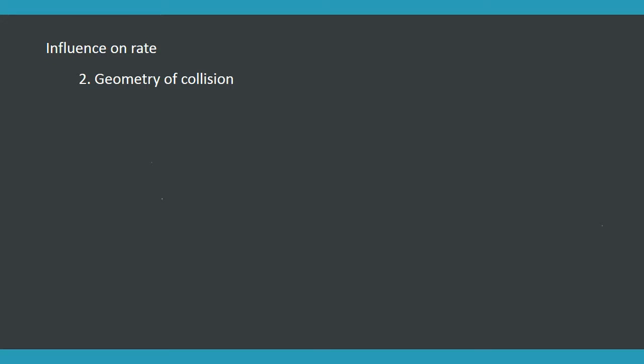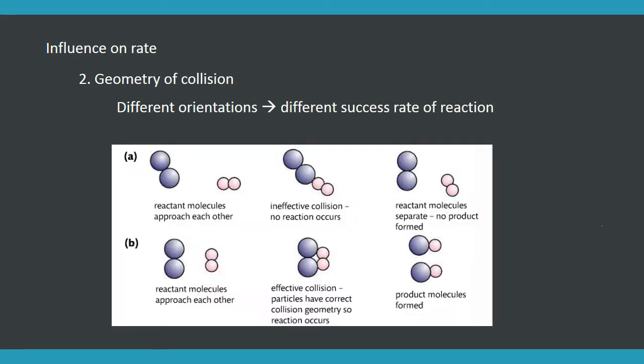Okay, sorry. Now looking at the geometry of a collision. Because gases are moving randomly, and all atoms are moving randomly except for in their solid state, they're all going to have different orientations. And based off that orientation, they're going to have a different success at the rate of reaction, or for a reaction to take place.